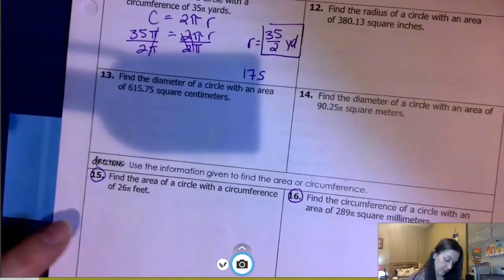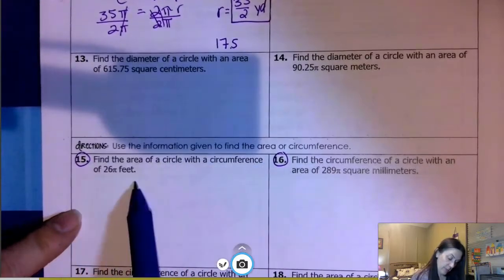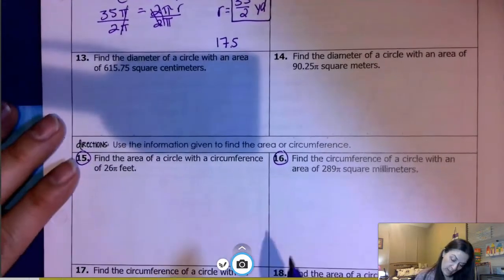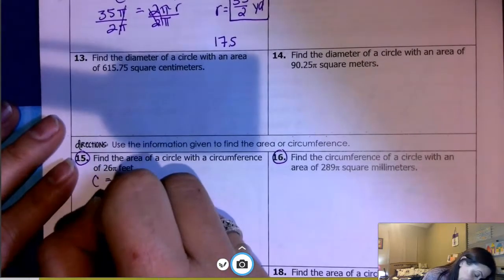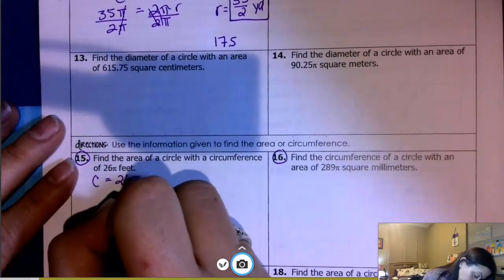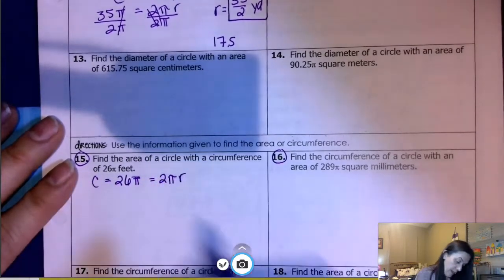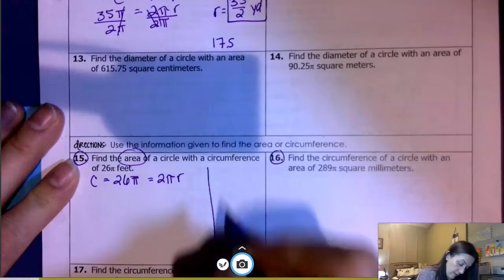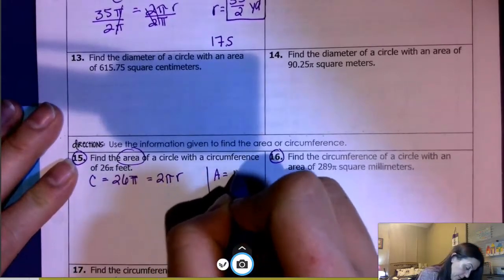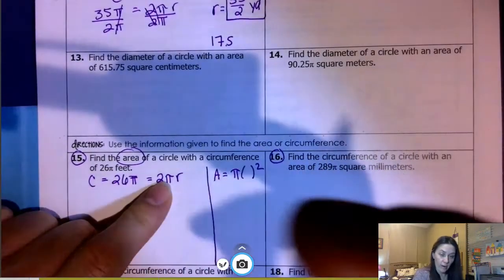Okay, next I want to go ahead and do these ones. Find the area of a circle with a circumference of 26 pi feet. So again, I know that the circumference is equal to 26 pi, which is equal to 2 pi r. And I want to find the area. So for area, I need pi r squared. I need to solve for r.